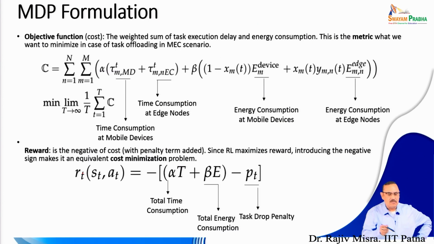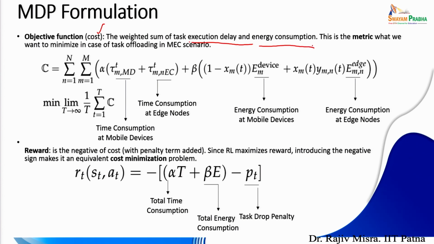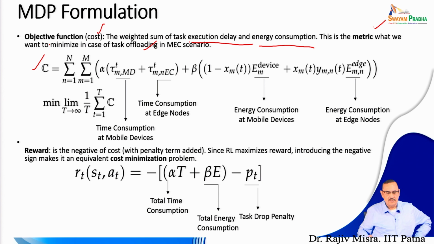Objective function, that is called the cost. The weighted sum of the task execution delay and the energy consumption is the objective function, that is the cost. So, this is the metric we want to minimize, that is the task execution delay and the energy consumption in case of task offloading to the MEC scenario, shown over here as the cost function.